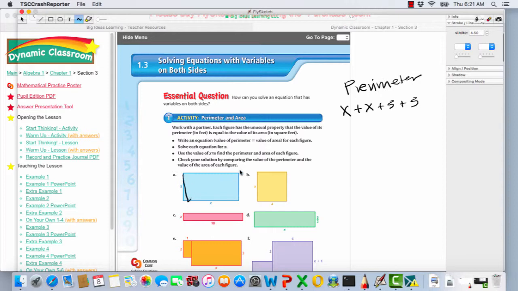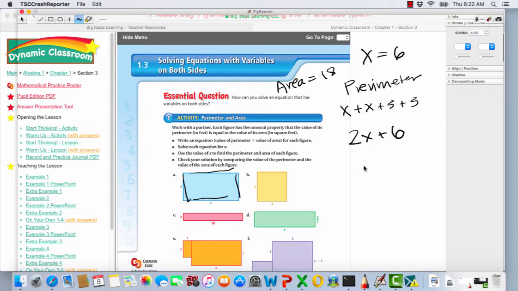Remember, that was 3 and 3 and x and x. So we have 2x plus 6, and remember that our x value, x was equal to 6, and the area was equal to 18. Just remember that from what I erased just now.